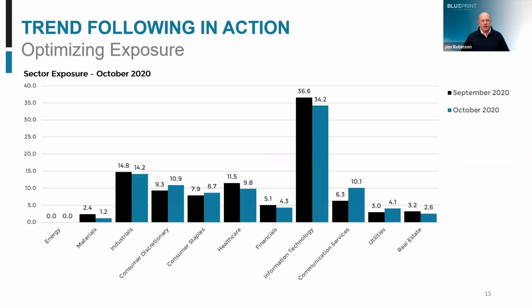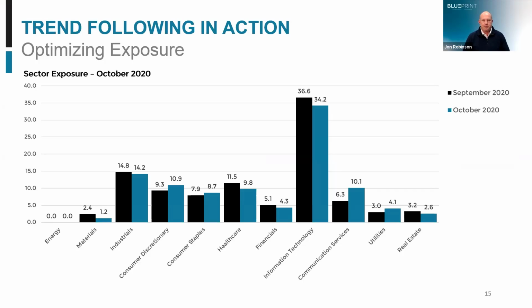So when you think about it, the strategy being sector diversified, we're sector diversified because of the number of holdings that we have across sectors, but also by using trend following for asset allocation purposes, we feel like we better optimize the exposure to those sectors relative to the index. And you can see how our strategy adjusts on a month-to-month basis.